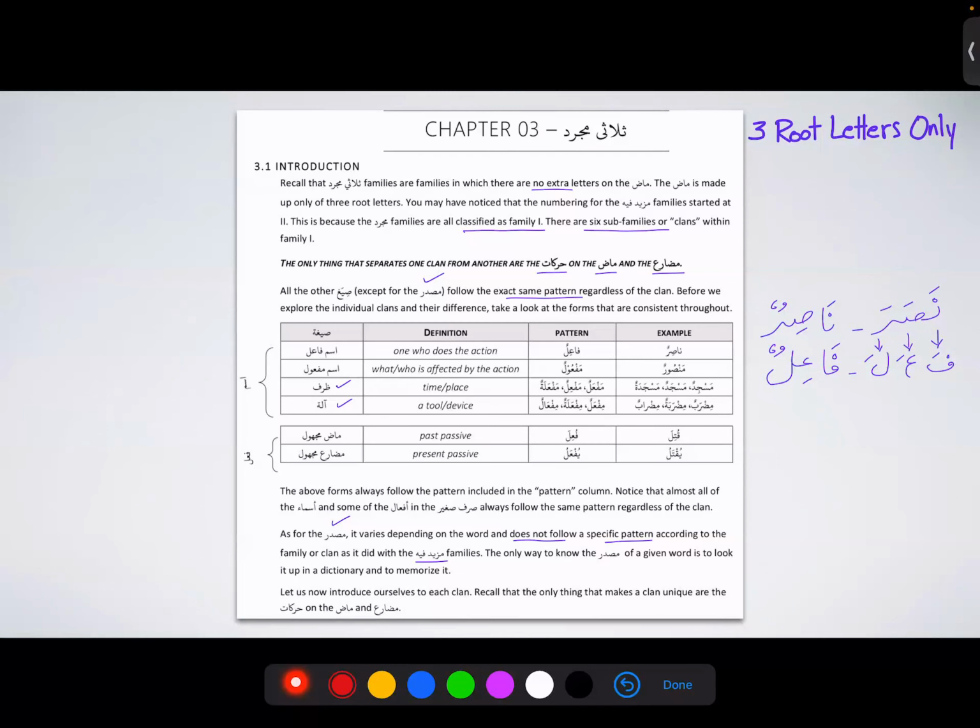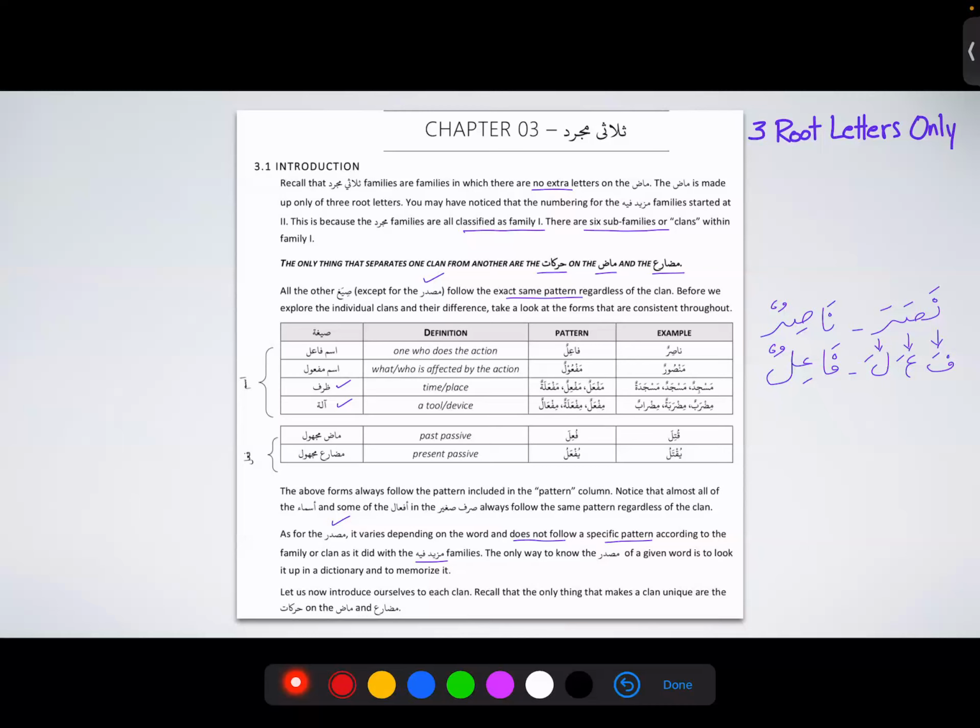And in an easy way, you can just say family 1, because if you remember, we started the Mazid Fihi families from family 2, right? So family 2, then family 3, we named them like that. So where did family 1 go? That is basically Thalasi Mujarrad.